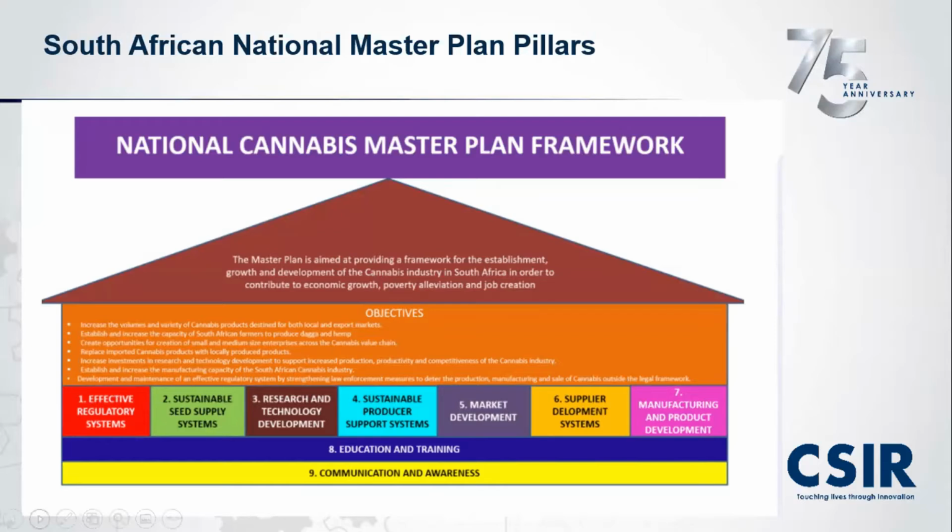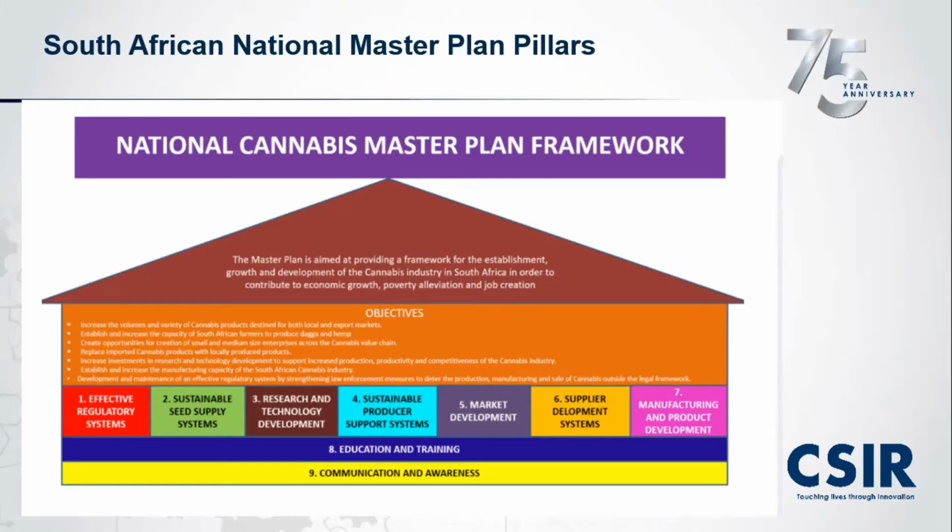Now, we have had input from the private sector, from NGOs, from all the other sectors that can give value to a national cannabis master plan. But where we are right now is that the government is looking at the different policies, because you can't have a plan that doesn't stand on policies.